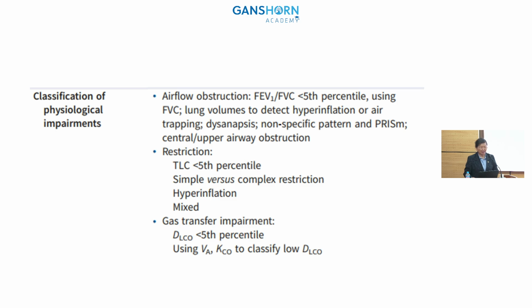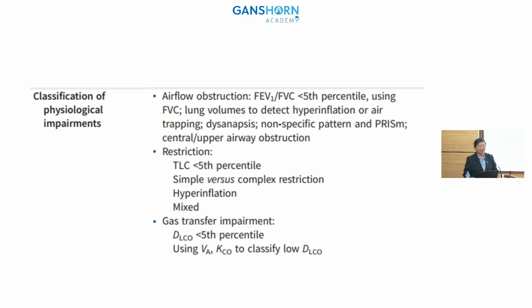With the lung volumes, we could detect hyperinflation or air trapping. Dysanapsis is also a new definition, as is the non-specific pattern or PRISm. And with the flow volume curve, we can also recognize central or upper airway obstruction.